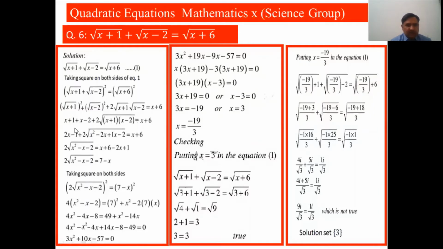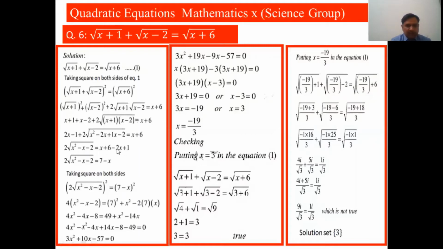Now we have to shift these two terms to the right hand side of the equation, and here we have 2 square root of x square minus x minus 2 and x plus 6. When we shift these two terms to the right hand side, obviously we have to change the sign of each term. So we have x plus 6 minus 2x plus 1.